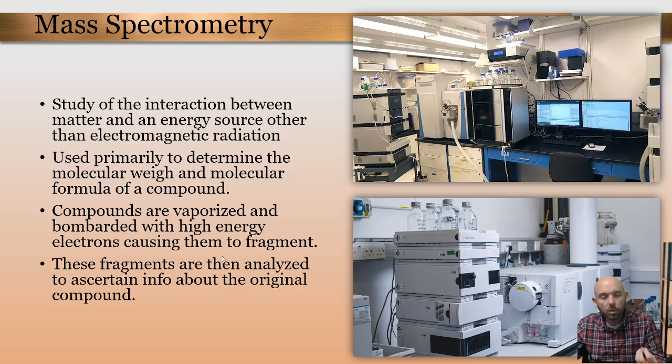What we do is introduce a compound that we want to study, and then we vaporize and bombard that compound with high energy electrons, and that causes it to fragment in certain patterns, and we study the fragments that this causes.